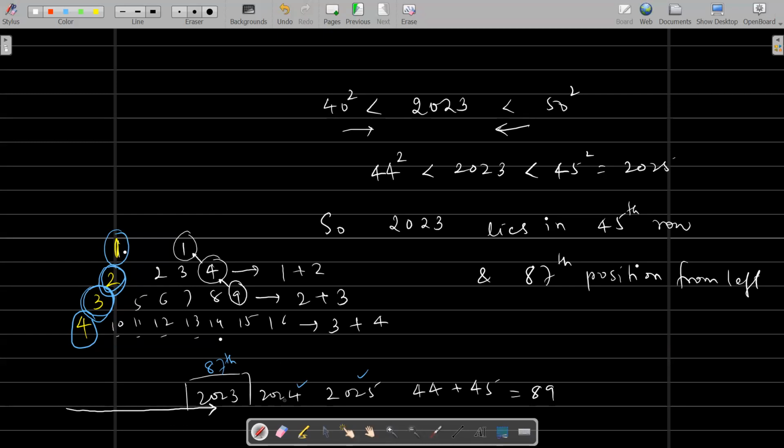So the number of elements in that 45th row is 2025 minus the earlier square. So there are 89 elements in the last row, that 45th row, and you skip the last two. So the position is 87. Oh, okay, so 89 minus 2.